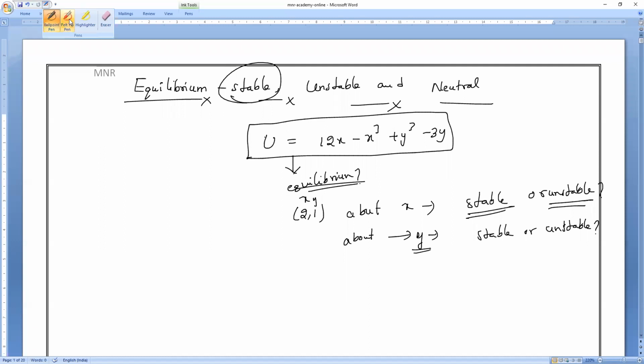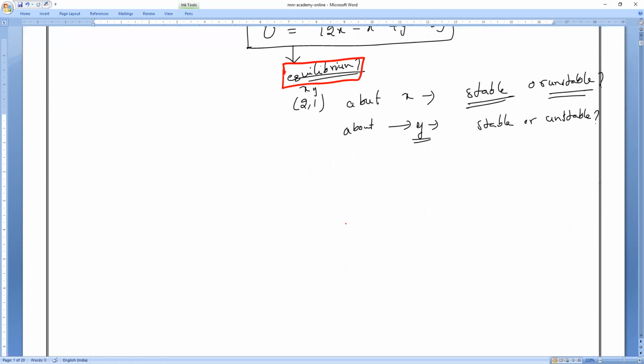So if you want to learn this concept, just understand, everybody. First of all, what do we mean by equilibrium? In physics, the simplest meaning of equilibrium, let us explain with a small diagram. For example, there is a block of mass on the surface.